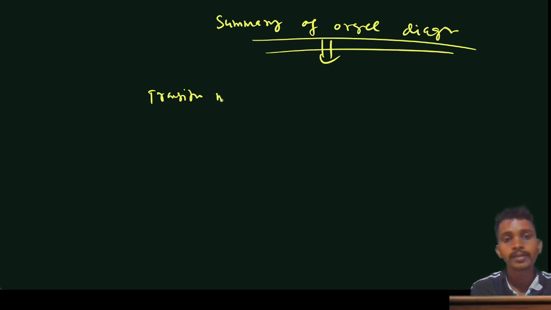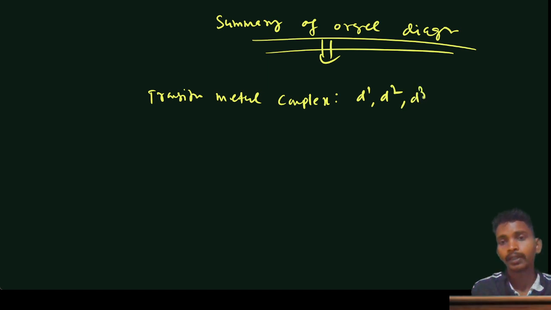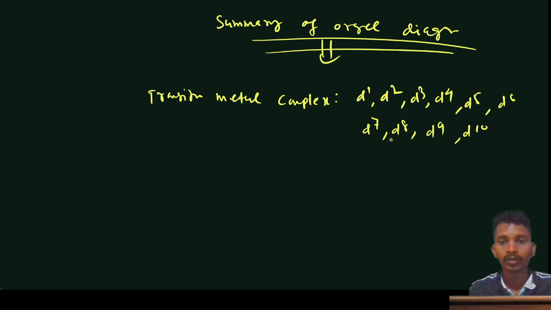Transition metal complexes means they will use d1, d2, d3, d4, d5, d6, d7, d8, d9 and d10. This type of configurations they use for their transition states.